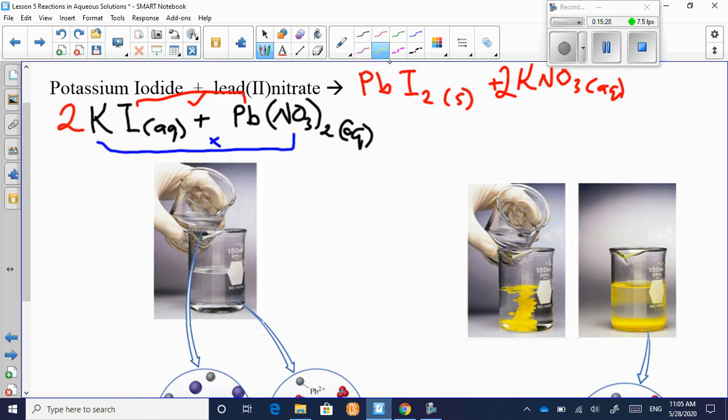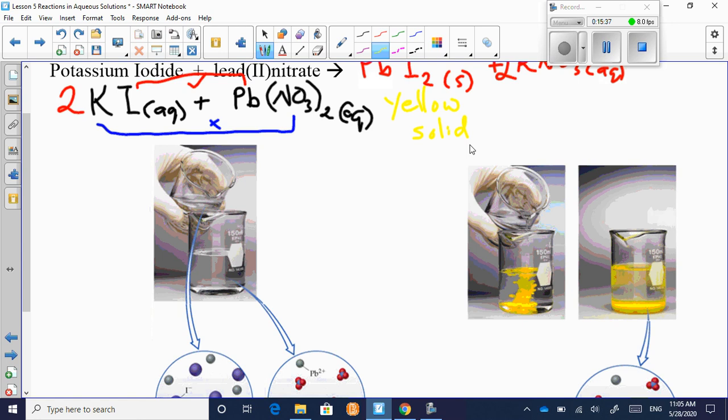I'm just going to put here, it's a yellow solid that forms. And there it is. That's kind of a neat demo, to take these two clear liquids and pour them together. And the reason why they show you that second picture is that over time, the yellow solid falls to the bottom and that lead iodide sits on the bottom.